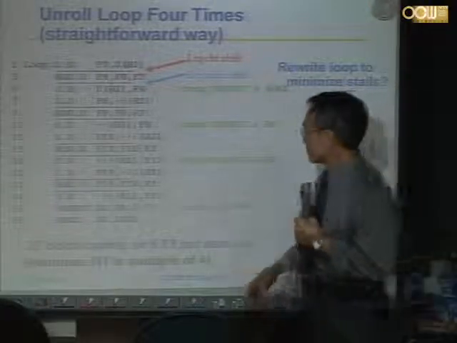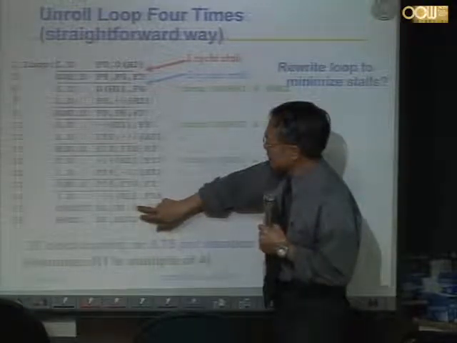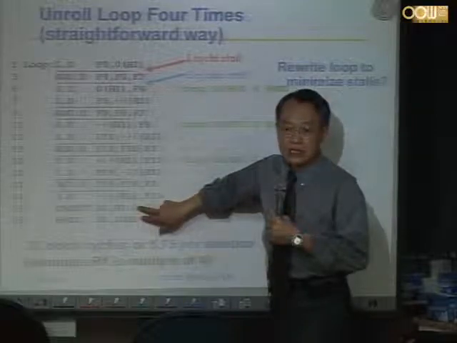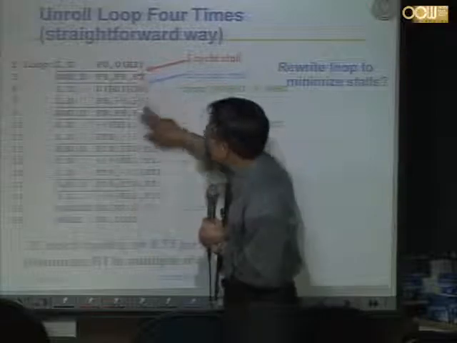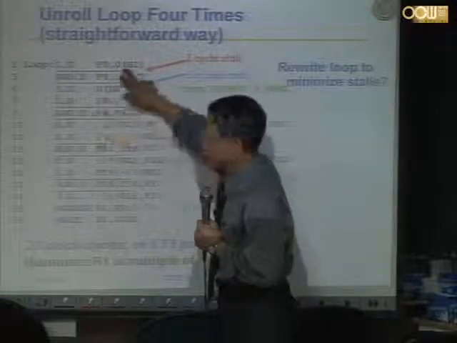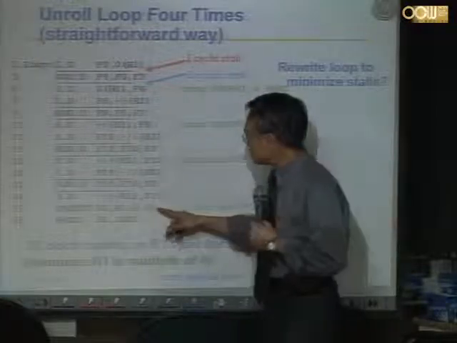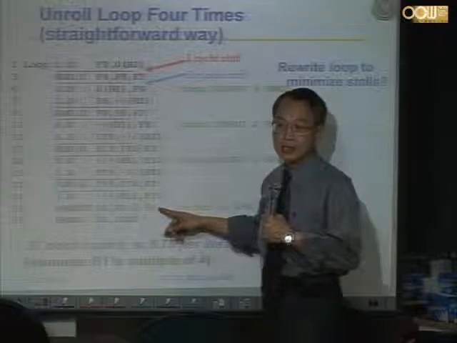And the loop control overhead is still 2 instructions only. Okay? But the number of iterations gets reduced to 1/4 of the original number.